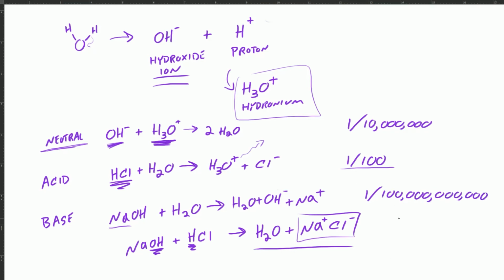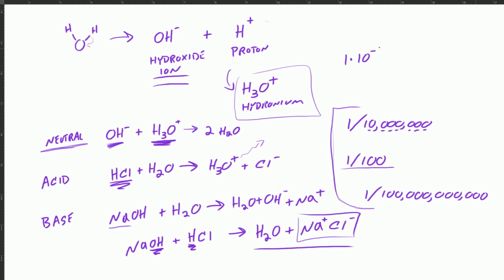Now you might imagine that this is a whole lot of writing to do every time you want to indicate how powerful of an acid or a base something is. So instead, what we use are log units. Another way to write 1 divided by 10 million is 1 times 10 to the negative 7, that's 7 zeros.